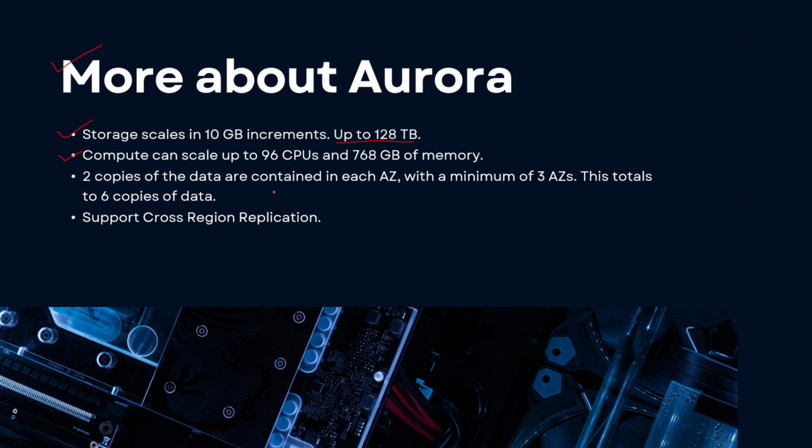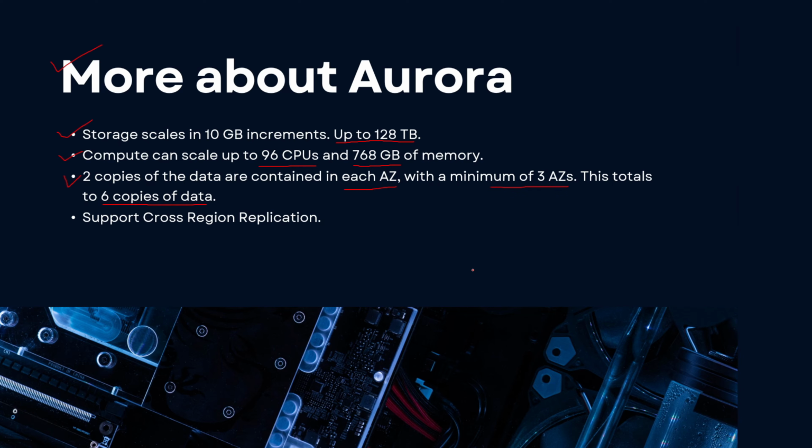Your compute can scale up to 96 CPUs or vCPUs and 768 GB of memory or RAM. And two copies of the data are contained in each availability zone, with a minimum of three availability zones, which relates to six copies of your data.